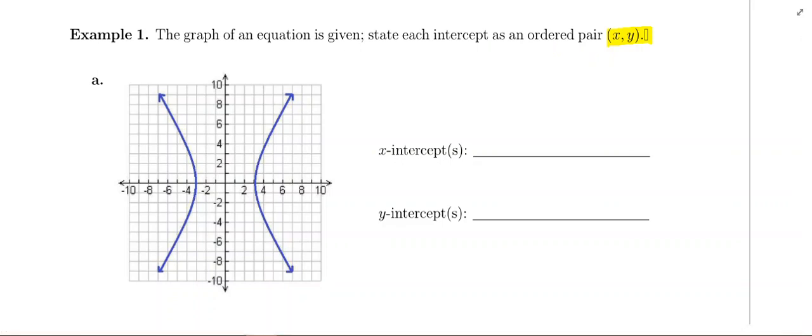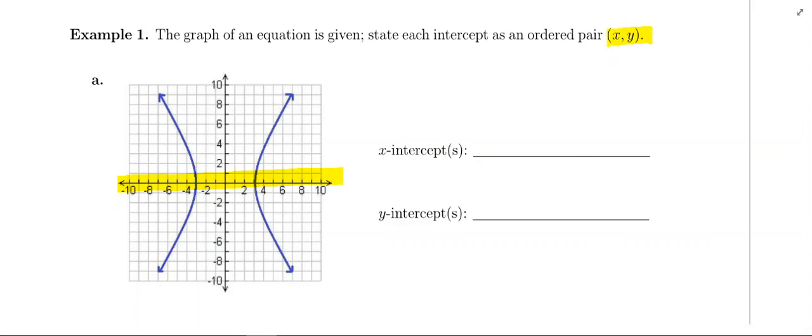All right, so here's our first picture in example 1a. The graph is given in blue. We're going to start with the x-intercepts. So here is your x-axis, I highlighted that in yellow. Your x-intercepts are going to be the point or points where this graph crosses or touches the x-axis.